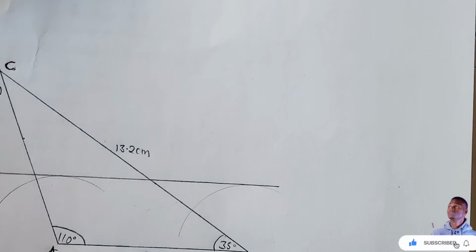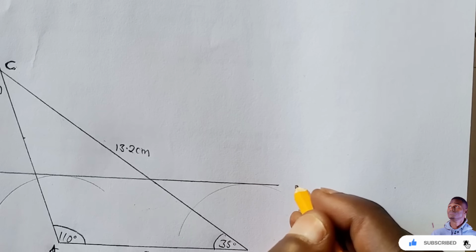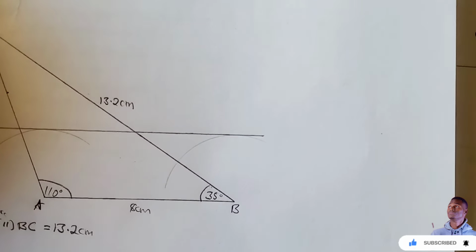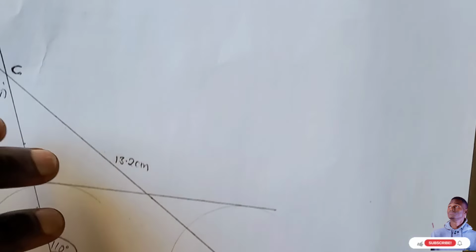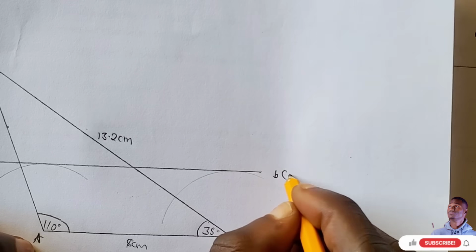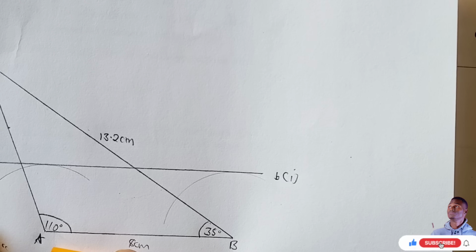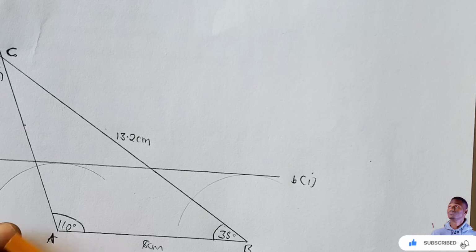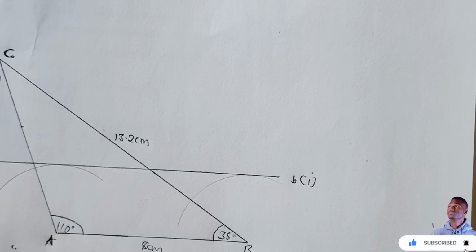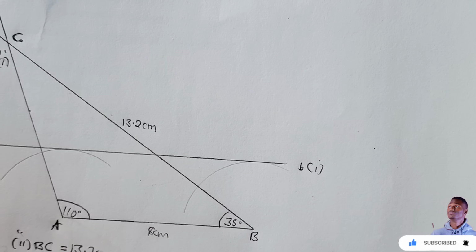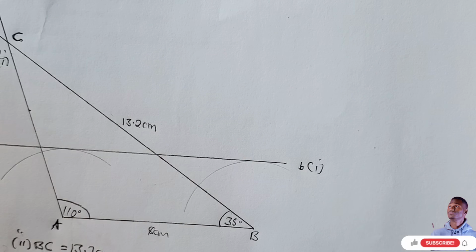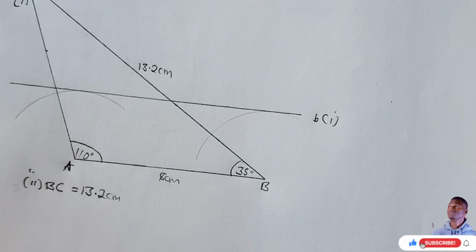Make sure to indicate that this is question B1. So everywhere below this line is less than 3 centimeters. Above this line is greater than 3 centimeters.